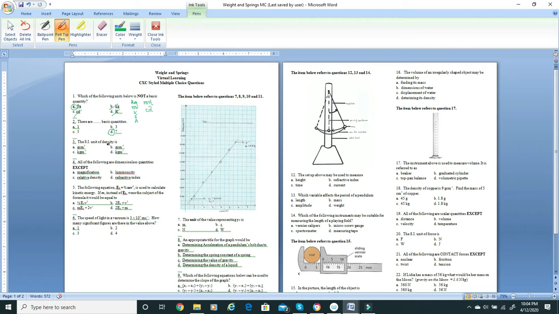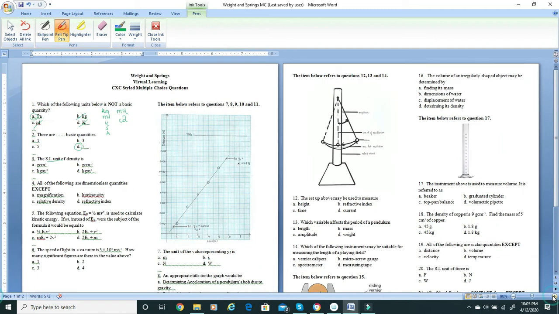Then the SI unit of density. Now we have to pay attention to the word SI, right? So the SI unit of density is not this one. It's not this one as well. Let me make this bigger so you can see it. Okay, so yeah, this is much better.